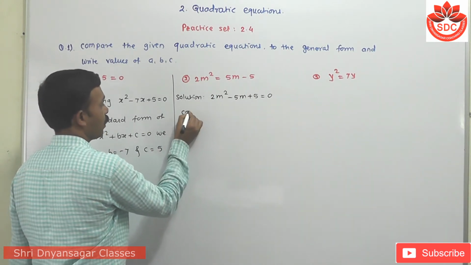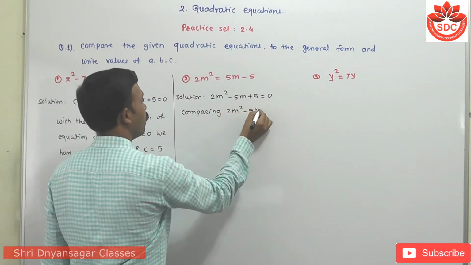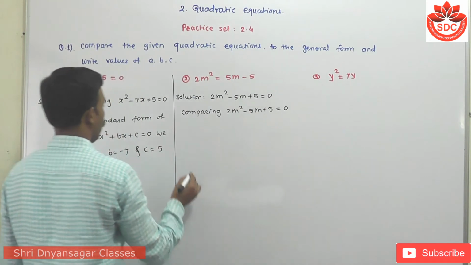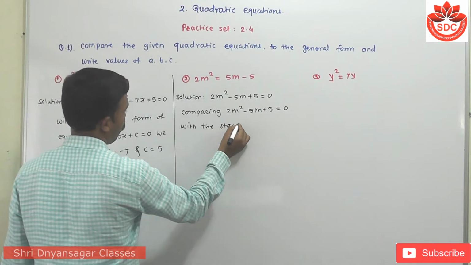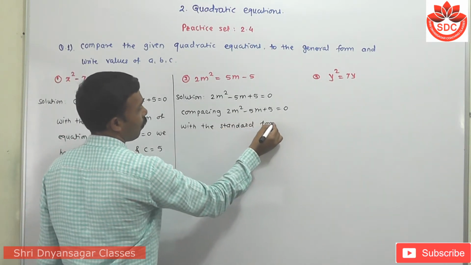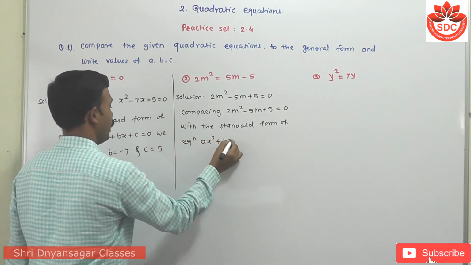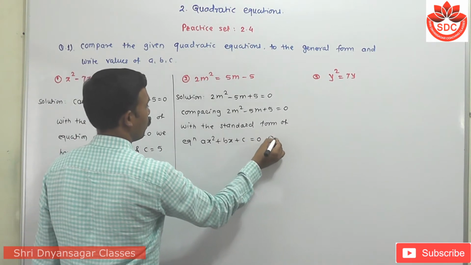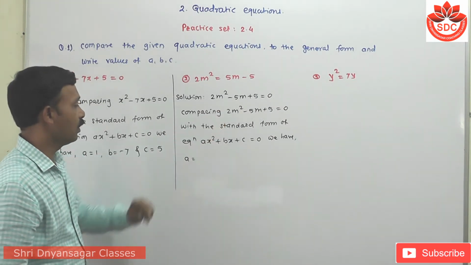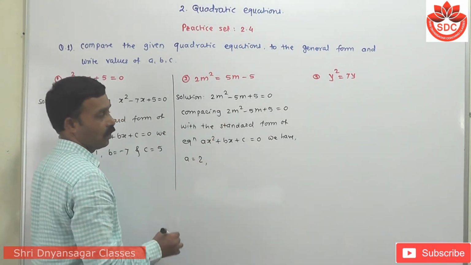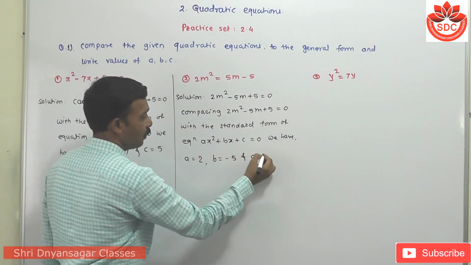Then comparing twice m square minus 5m plus 5 is equal to 0 with the standard form of equation ax square plus bx plus c is equal to 0, we have the values: a is equal to how much? 2. Then b is equal to minus 5 and c is equal to 5.